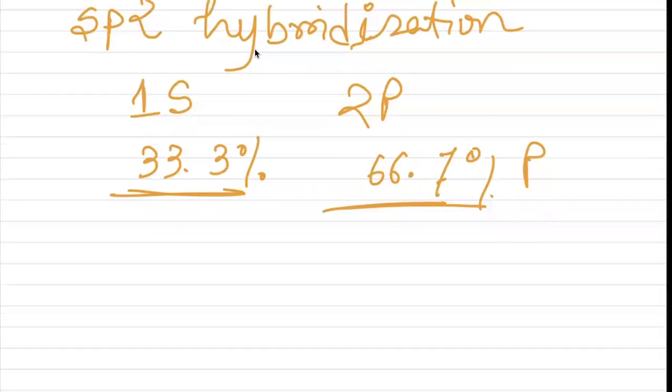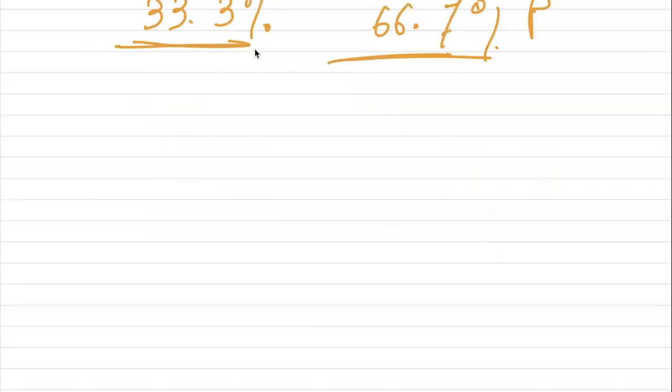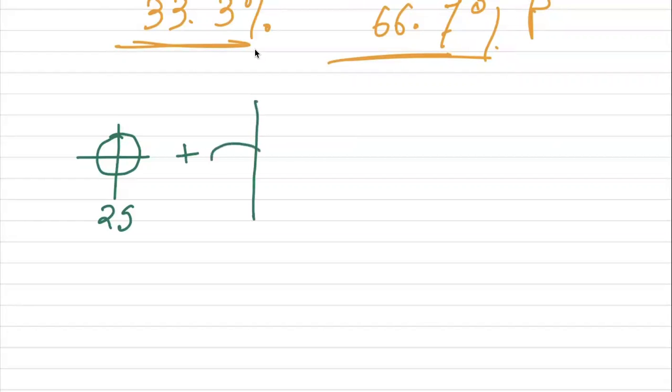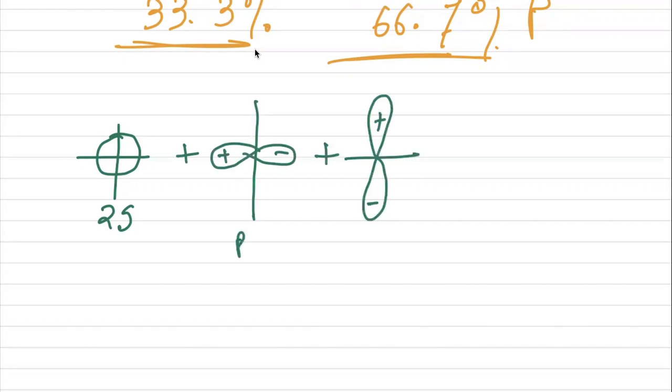Let's see. This is the 2s orbital, and this is the 2p orbital, this is pz, this is py.